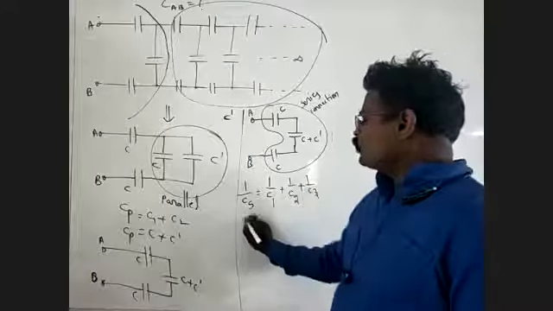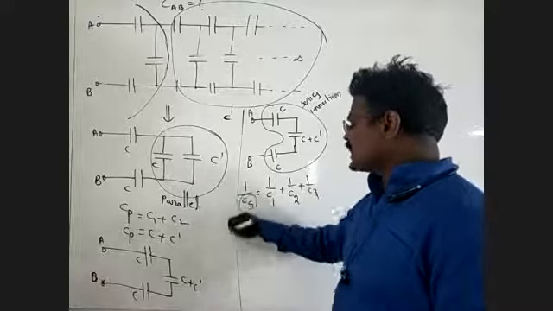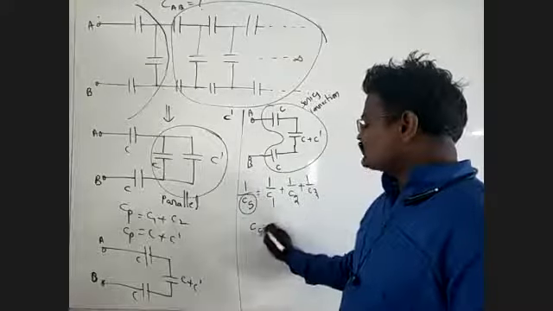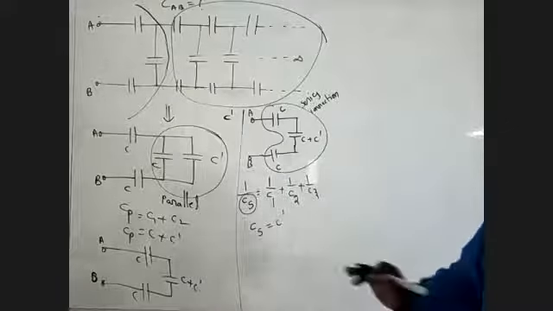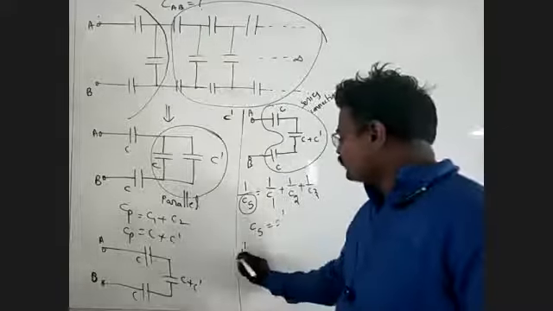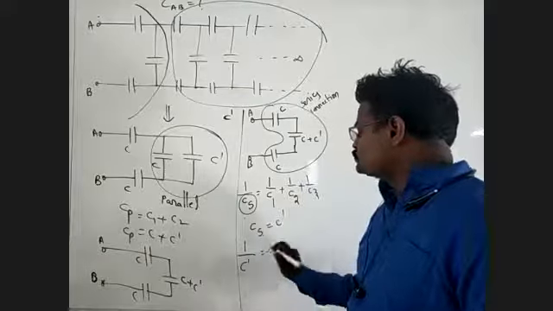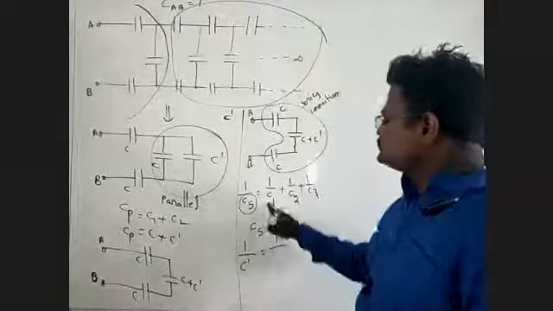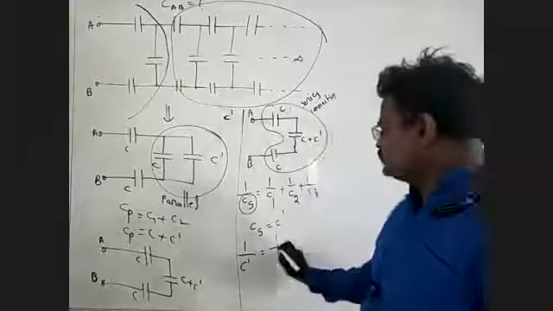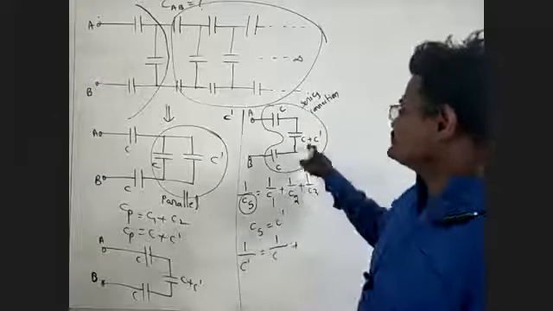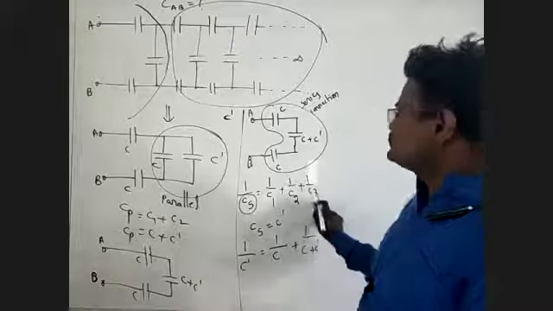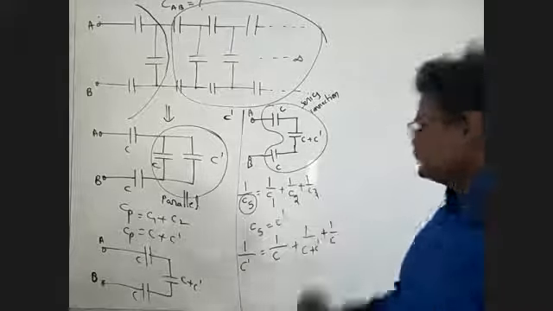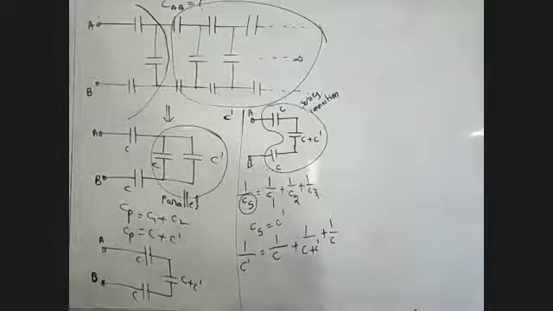I'm taking C_S as C dash. So 1 by C dash is equal to 1 by C1, where the C1 value is C, plus 1 by C plus C dash for C2, plus 1 by C for C3.